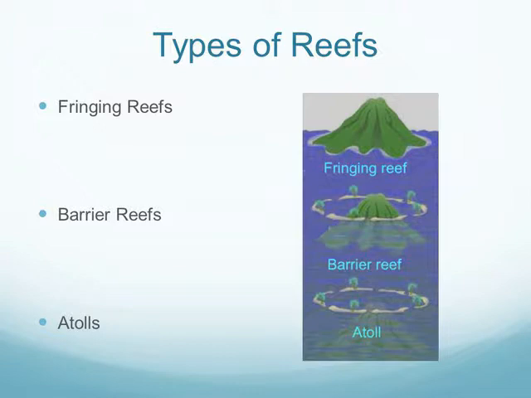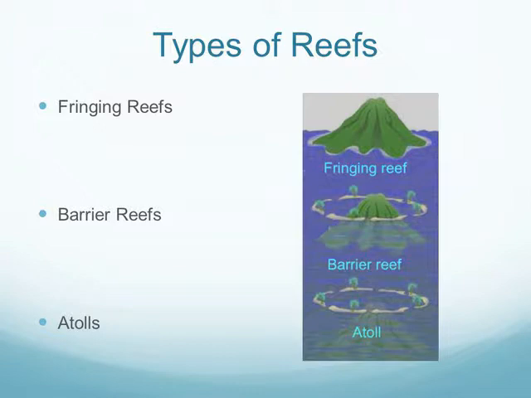isn't growing anymore, that reef will stay put. It's not going to go anywhere, but the island is going to continue to sink. So there's going to be a lagoon between the reef and the island itself. So that's when you get a barrier reef.